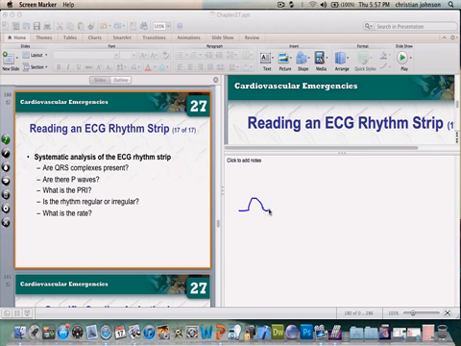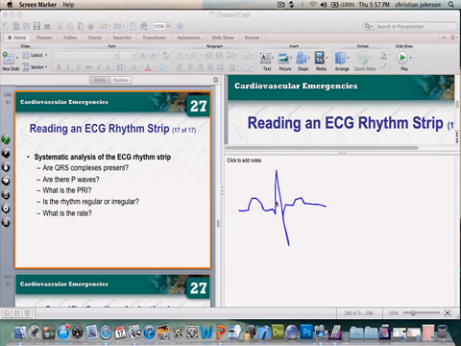PRI, Q wave, R wave, S wave, T wave. All right. We want to make sure that our PRI is between what? 0.12 and 0.20 seconds, or 3 to 5 small boxes. We want to make sure that our QRS complex is between what? Less than 0.12. Right? We don't want it too narrow. We want it between 0.04 and 0.12.